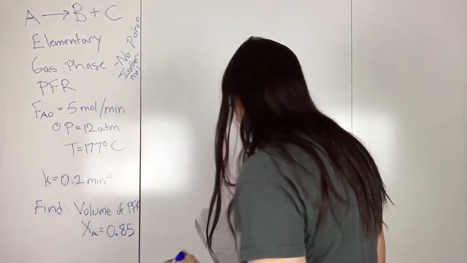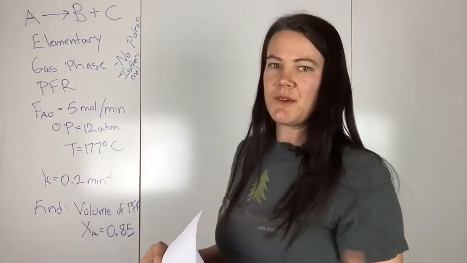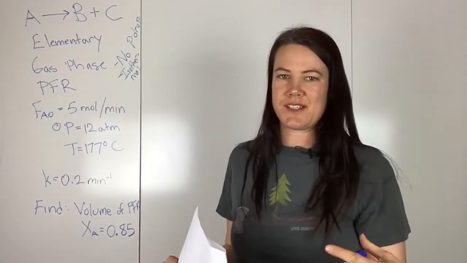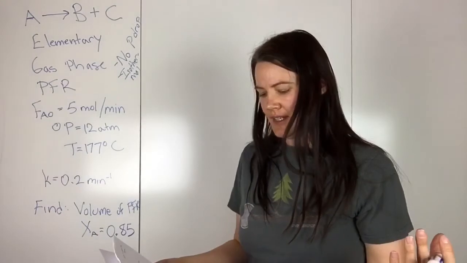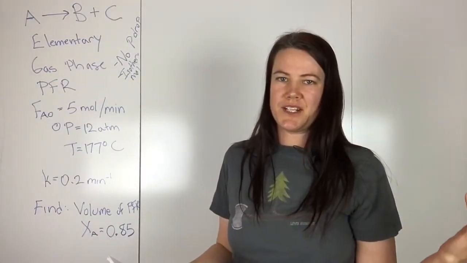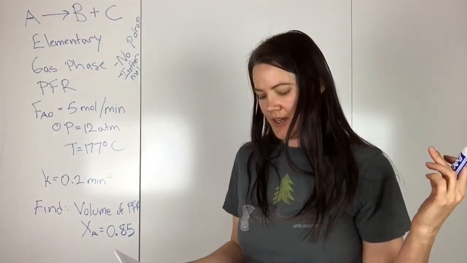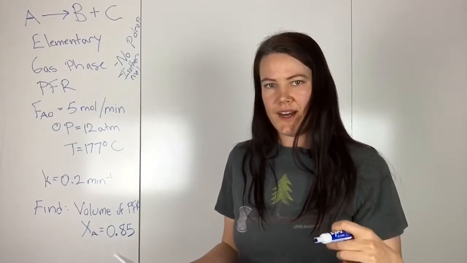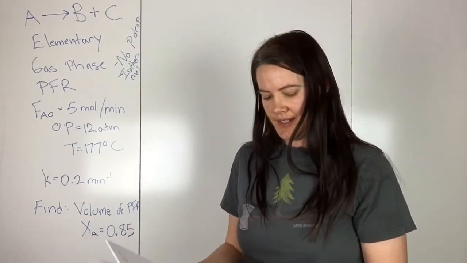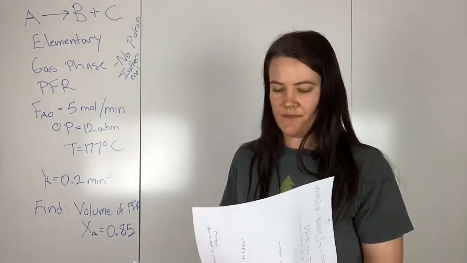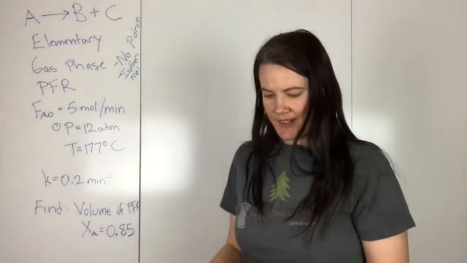So the first thing you want to do, or at least the way I usually approach these problems, is I just go through steps. First I write down the design equation, and then I write down the rate law, and then I find the concentrations, and then you can combine everything and solve it.